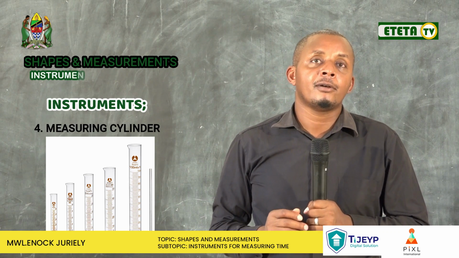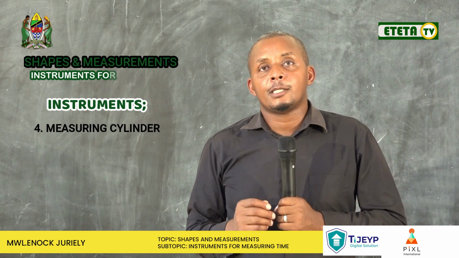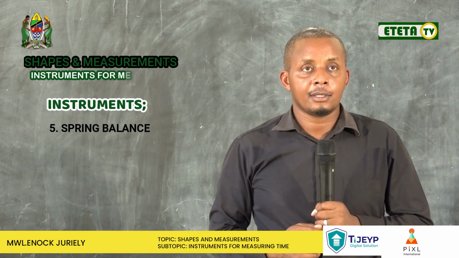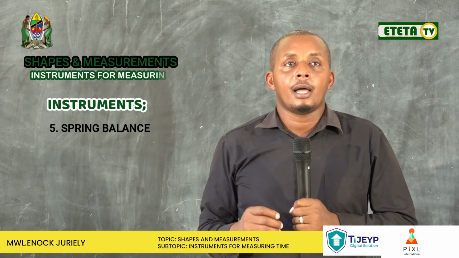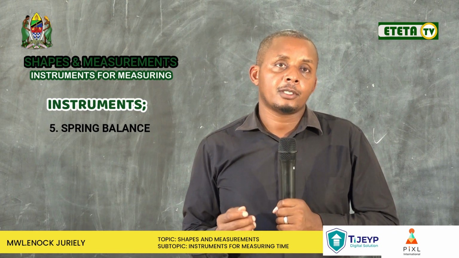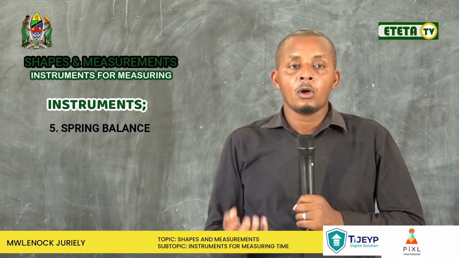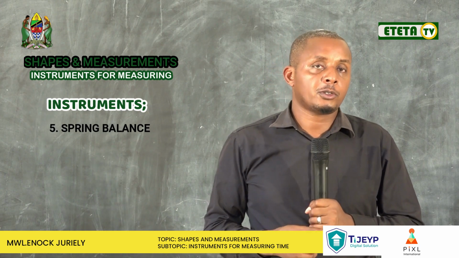And we have the last one, which is the spring balance. A spring balance is used to measure the weight of some object. It means the pull of that object toward the gravitational force.